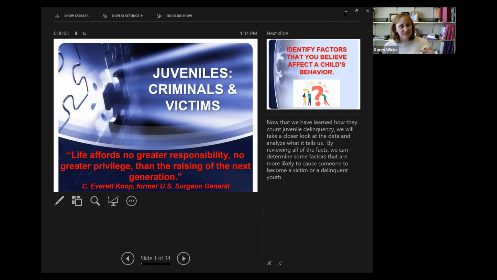Maltreatment, abuse, things like that can be a risk factor that leads children more towards delinquent acts. Lack of parental supervision or involvement in a juvenile's life, no real emotional bonding with the parents, those are all risk factors that could lead to more likely engaging in delinquent acts.